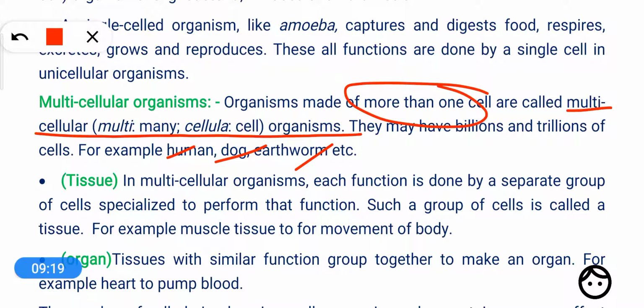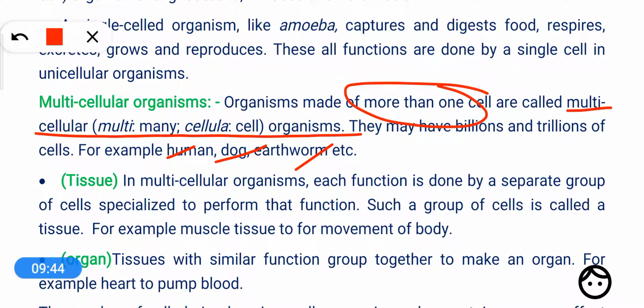Actually, most of the organisms which you can see with your naked eyes are made up of multiple cells, and they are called multicellular organisms. So the plants, the trees, the herbs, the shrubs, the mosses, the small insects, they all are examples of multicellular organisms.